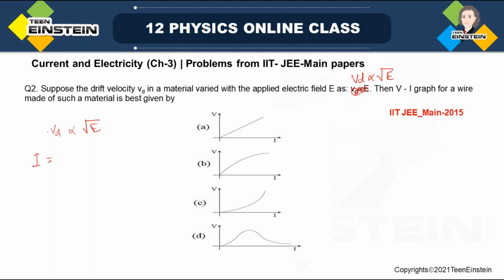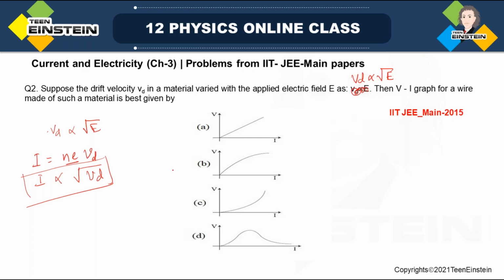So we know I is equal to nEAVd. Here n, e are constant, and Vd is varying as this. So can I say that I is varying as square root of Vd? This I can say anyway.